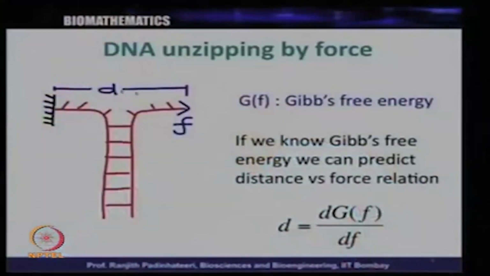So, once you know the Gibbs free energy, you can apply a force and measure this distance. This d is the distance from one end of the strand to the other end where you are applying a force. So, if we know the Gibbs free energy, we can predict the distance versus force relation by this particular relation. What I wanted to say here is that the free energy, the force and the distance are related through a derivative.